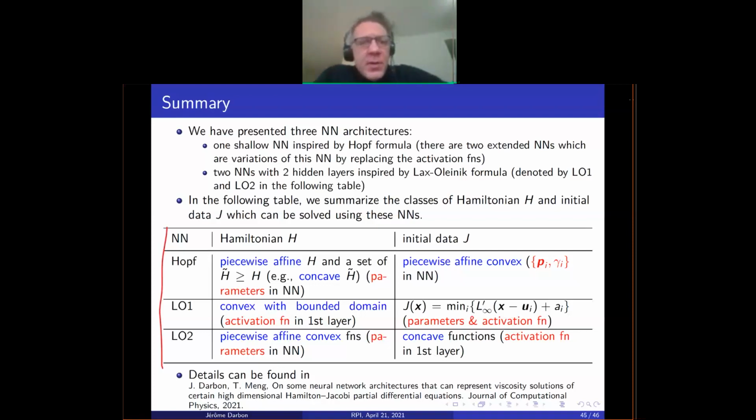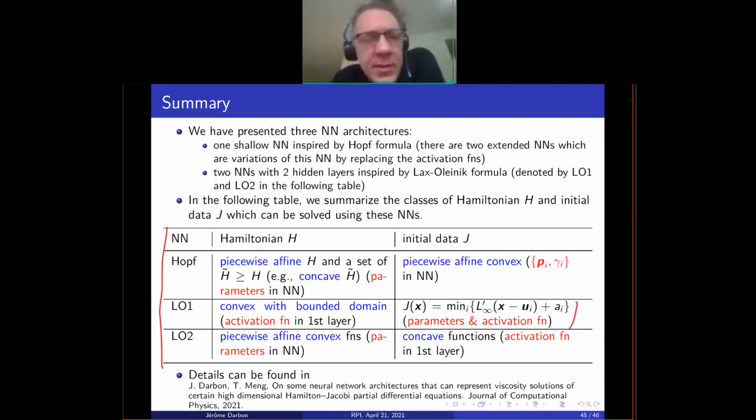For the second one, we require the domain of H to be convex with bounded domain, and the initial data takes the following form, where L prime infinity corresponds to the asymptotic function of L. And I remind you that this specific class of the initial data is not so restrictive in practice because they are dense in many problems that you consider when, for instance, optimal control problems are considered.